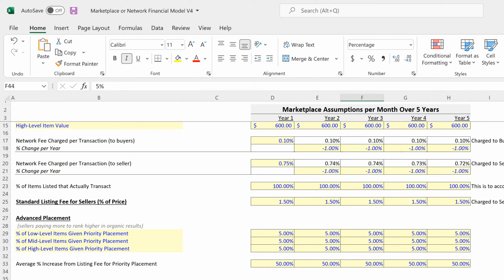Okay, cost of goods sold. Did we have a specific cost of goods sold item? Yes, we did. Okay, so let's go grab that. Cost of goods sold variable, fixed, total is this number here.